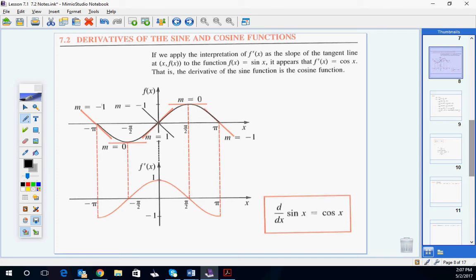Because the slope is 0 here, it's at 0. The slope's at 0 for here. The derivative of that puts me down to pi, because the derivative of sine at pi is 0. See here, there's that 0. But long story short, the derivative of sine is cosine. That's what you need to know.